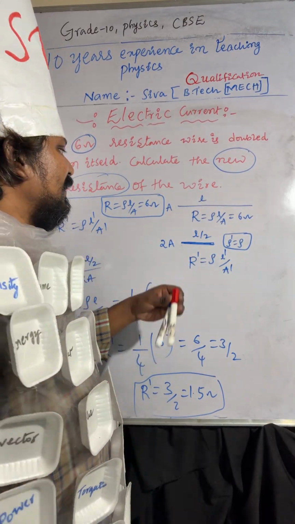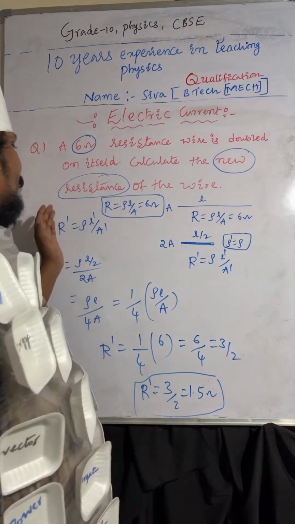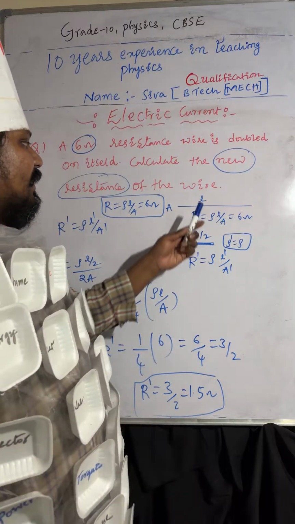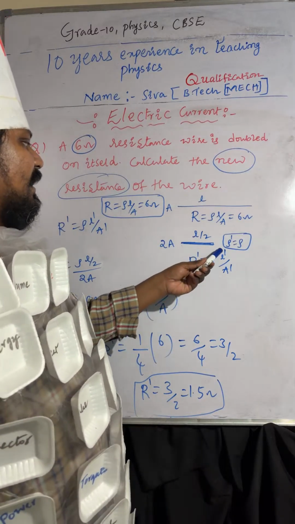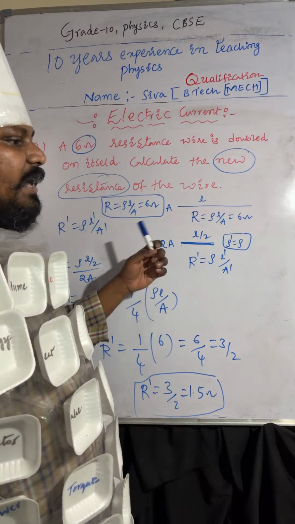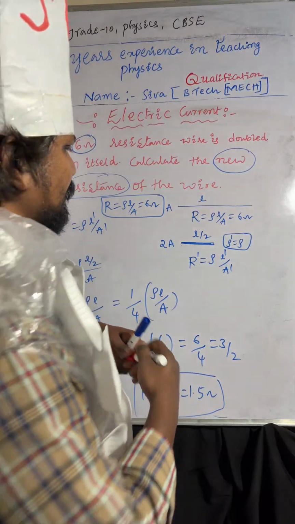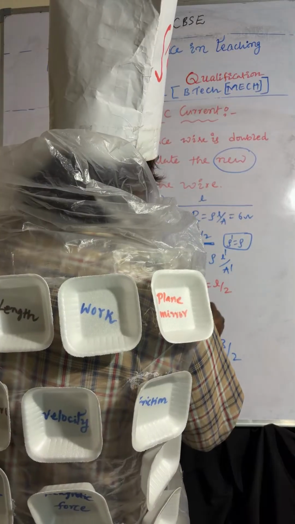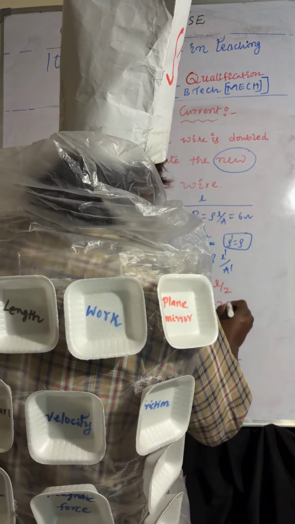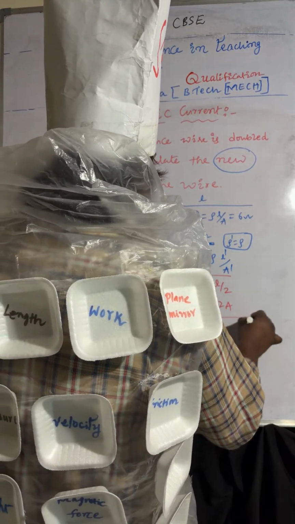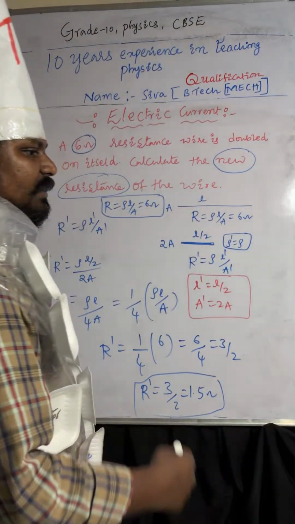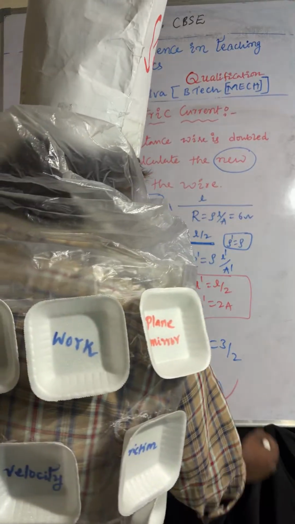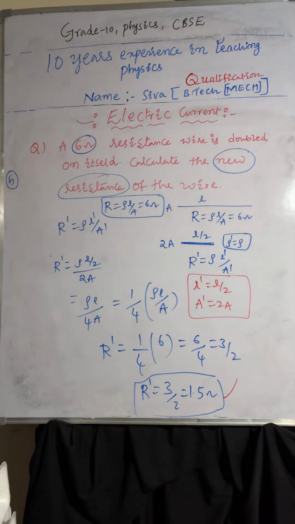So R dash equals rho L dash by A dash. Substituting L dash equals L by 2 and A dash equals 2A, you get R dash equals 3 by 2, that is 1.5.